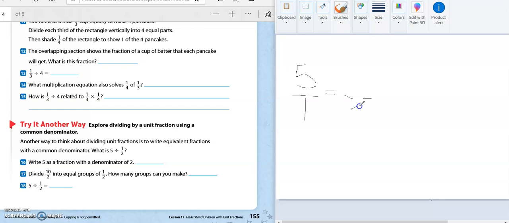So we're going to create a new denominator. That's going to be 2. And we have to ask ourselves, 1 times what will give us 2? I know that 1 times 2 is 2. Any number times itself is that number. So 1 times 2 equals 2. Then whatever we do to the denominator, we must do to the numerator. So now we have 5 times 2 equals 10. So our answer for number 16 is 10 over 2.